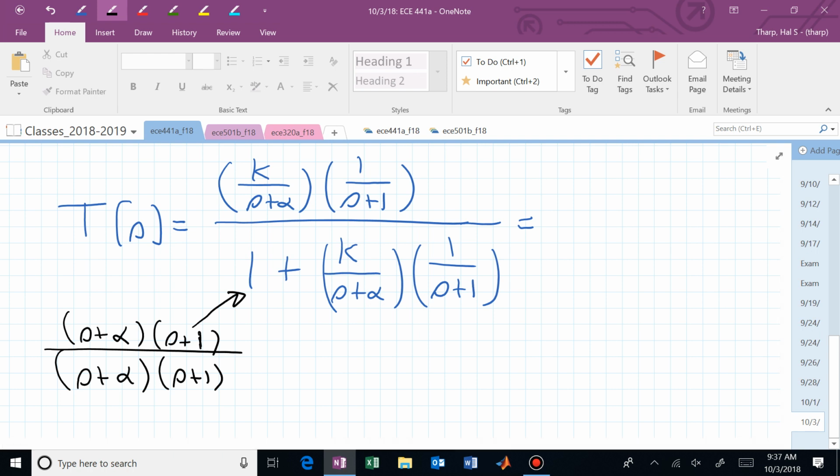And if I do that, the denominator in the numerator goes away, the denominator in the denominator goes away, and I'm left with the transfer function that I want, which is simply K over S plus alpha, S plus 1. That came about from the 1 plus K.